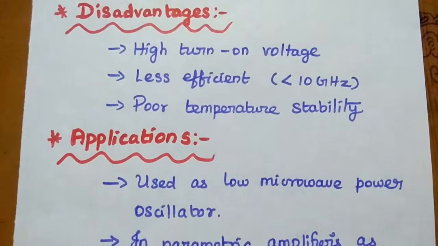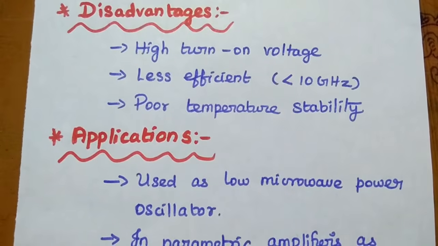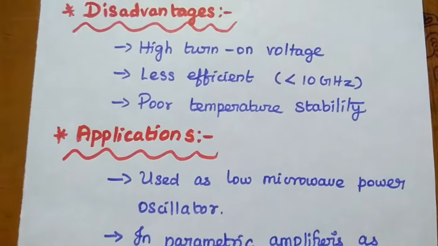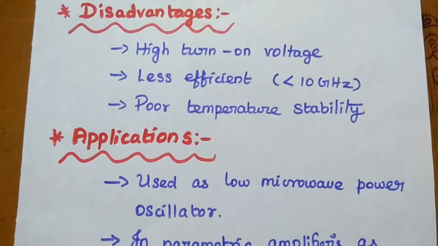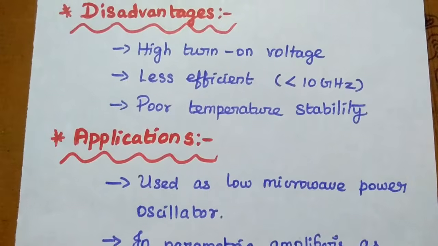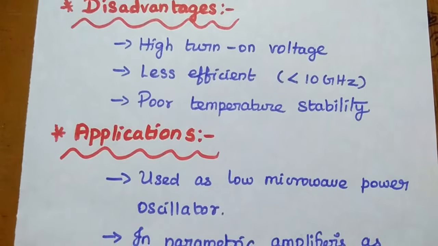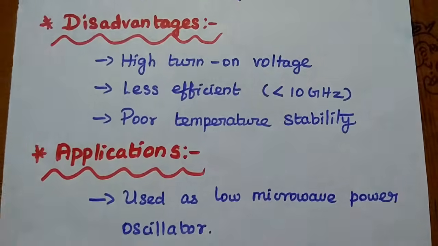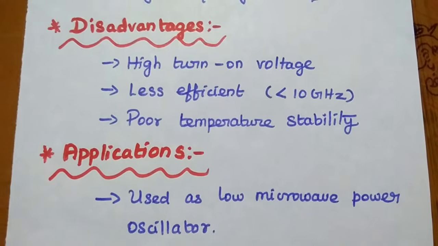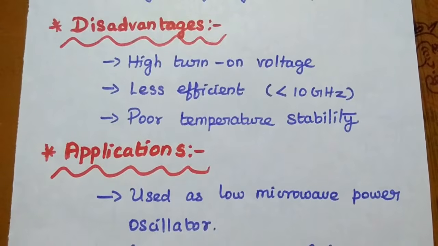Generally, at the threshold voltage we get the maximum output in other systems. But for this Gunn diode, only when the voltage is greater than the threshold does the diode start working. So the turn on voltage is very high, it is less efficient, and has poor temperature stability.